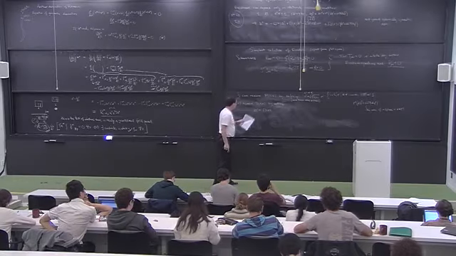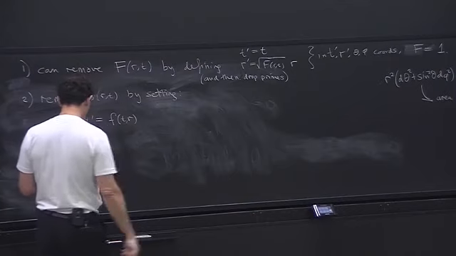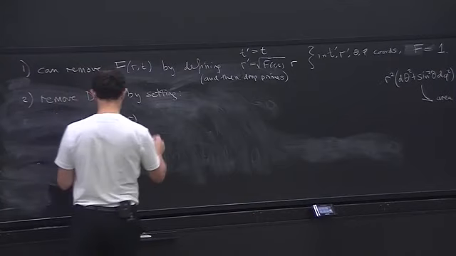So now I'm going to get rid of d by defining some new time coordinate, t prime.